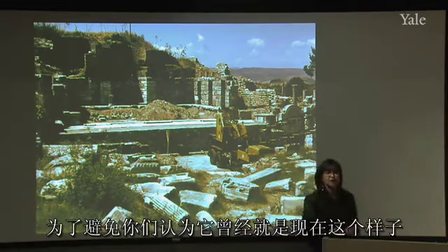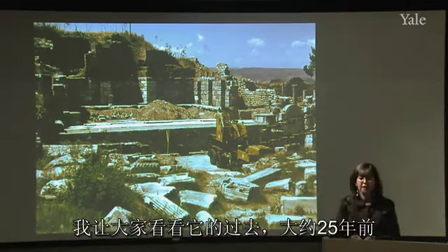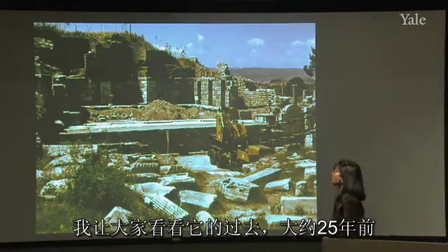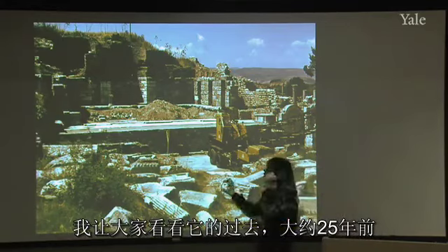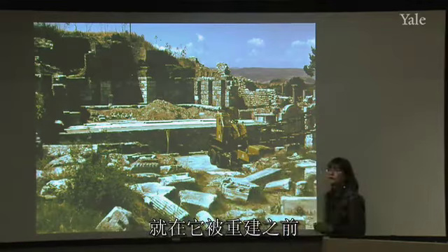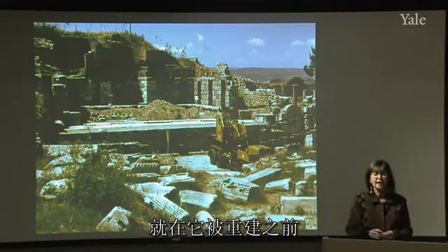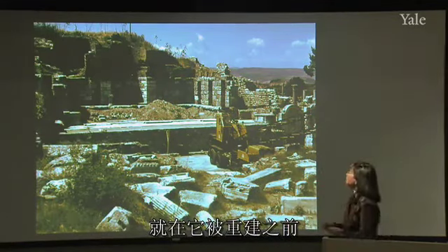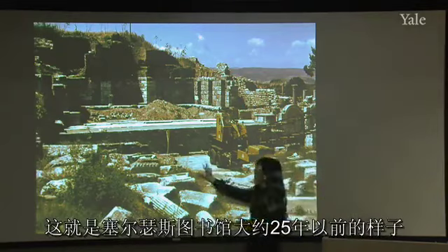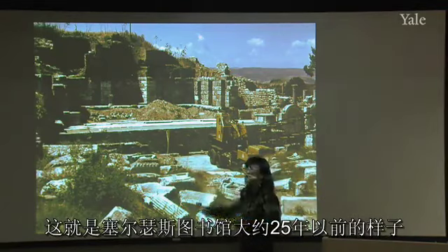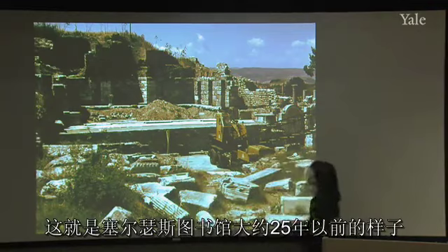Lest you think that it has always looked the way it looks now, I show you a view that was taken, well, by now 25 years ago or so, before the building was re-erected, which it has been since then. This is what the Library of Celsus looked like 25 or so years ago.